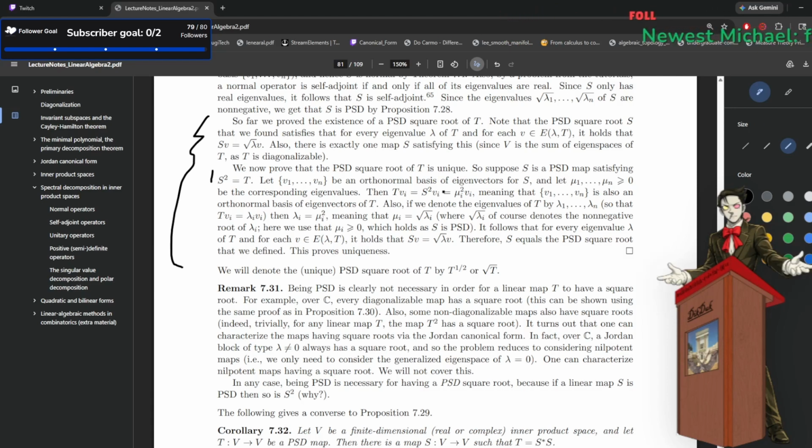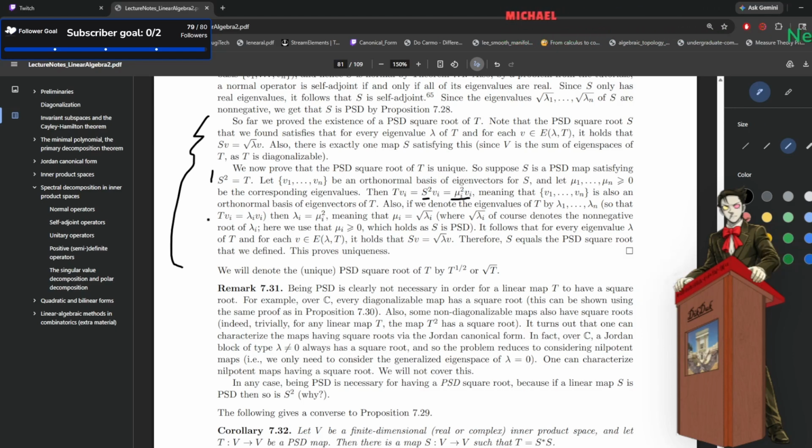Then T vi is equal to S squared vi, which is equal to mu i squared vi, meaning that v1 through vn is also an orthonormal basis of eigenvectors of T. Also, if we denote the eigenvalues of T by lambda 1 through lambda n, so that T vi is equal to lambda i vi, then lambda i is equal to mu i squared, meaning that mu i is equal to the root of lambda i, where the root of lambda i, of course, denotes the non-negative root. Here we use that mu i is greater than or equal to 0, which holds as S is positive semi-definite.